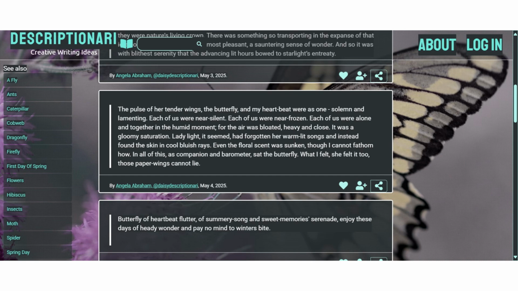You have in here things like, in all of this, as companion and barometer. The idea that the butterfly is intentionally a companion makes it a light form of anthropomorphisation.